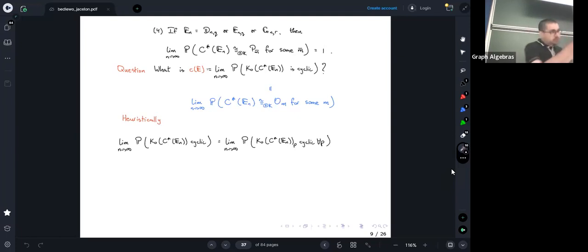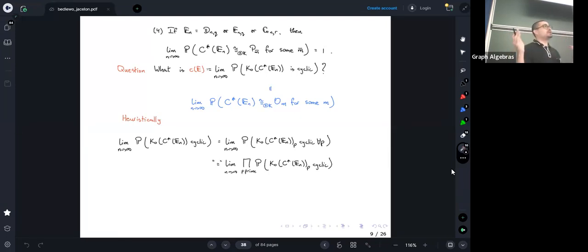We're interested in the asymptotic probabilities as n goes to infinity. As I mentioned, the probability of getting something cyclic means that all of the Sylow subgroups should be cyclic. Remember, I'm talking about the Sylow p-subgroup. Here comes the heuristic part.